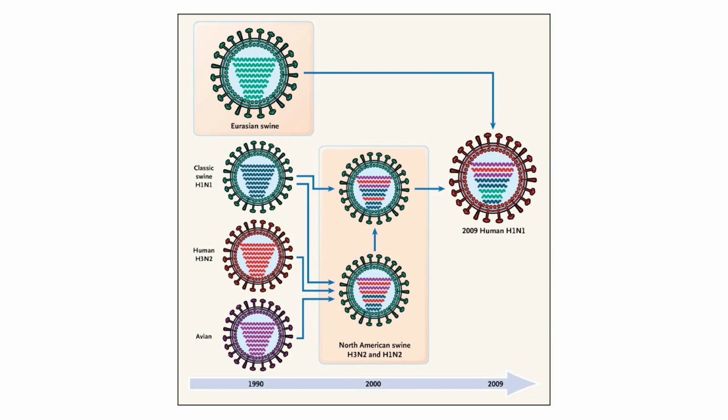And this virus was initially seen in Mexico, and it's thought that it might have emerged on a pig farm there, but we really don't know exactly where it emerged. But you can see that these viruses come from influenza viruses that infect humans, birds, and pigs. That's where all these viruses are residing.